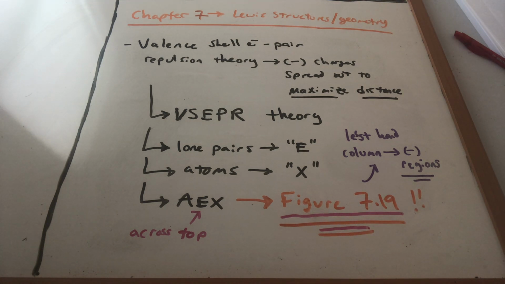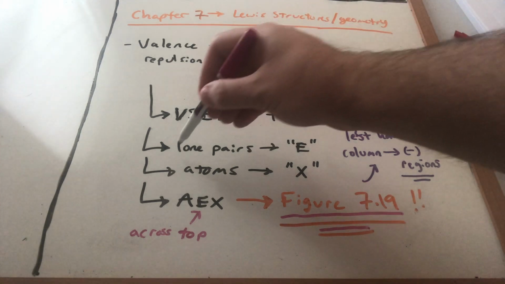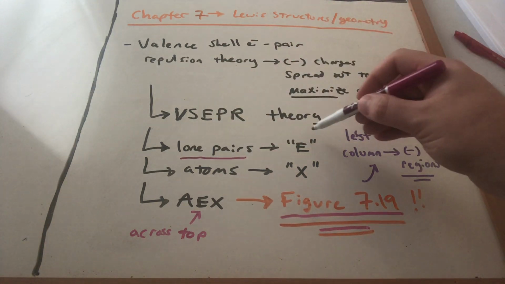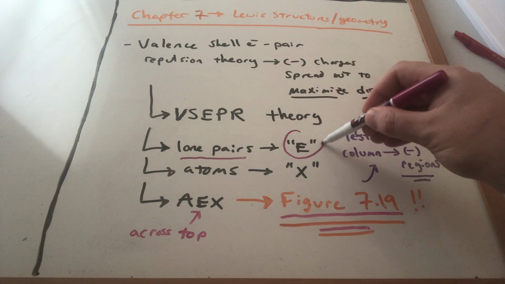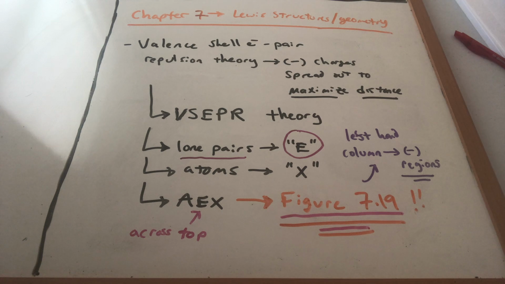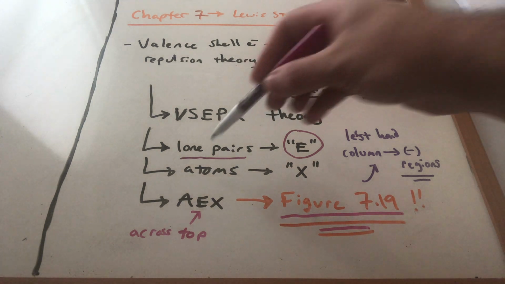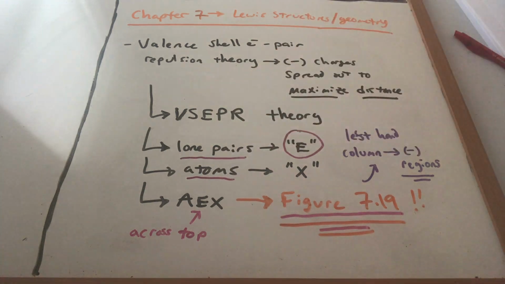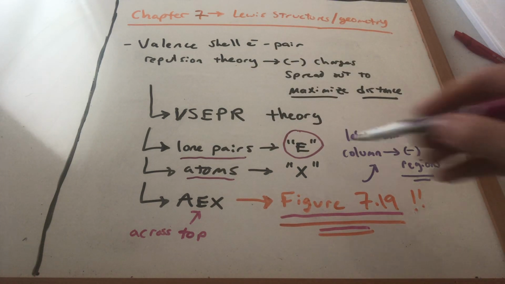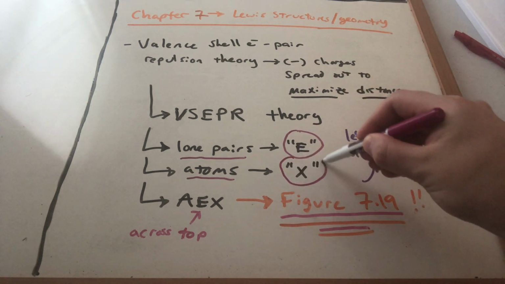Now, what matters is how many things are around a central atom. That's what it's all about. How many lone pairs you see on a central atom, we're going to reference those as E, all right? I know it's a little bit confusing, but like I said, it'll be reinforced as we go through the video. Atoms that are attached have a bond or a multiple bond to the central atom.